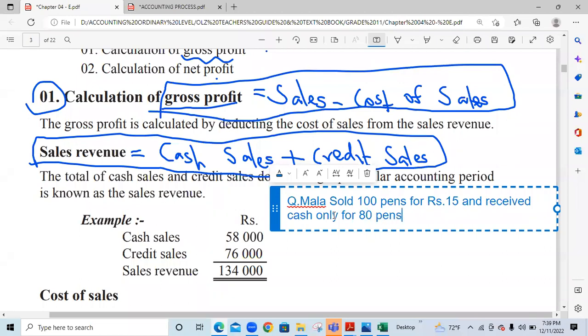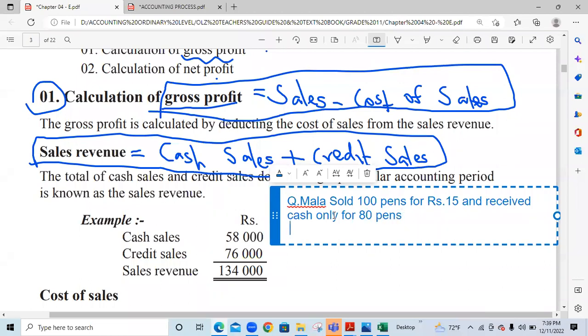Now start writing. Calculate the sales revenue of Mala's business. Soon send me your answers. Write the question, get the answer and send me.